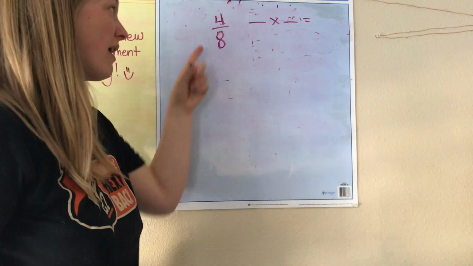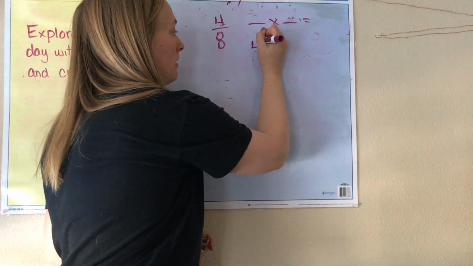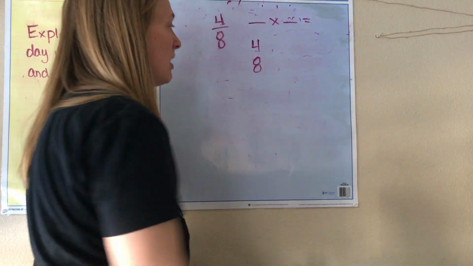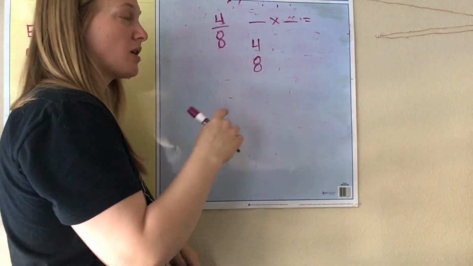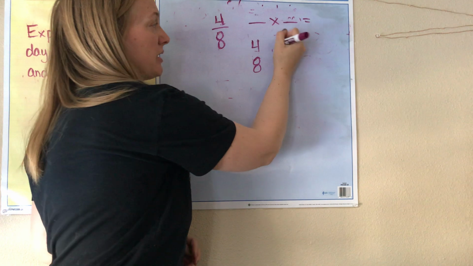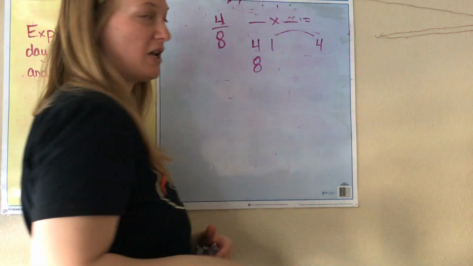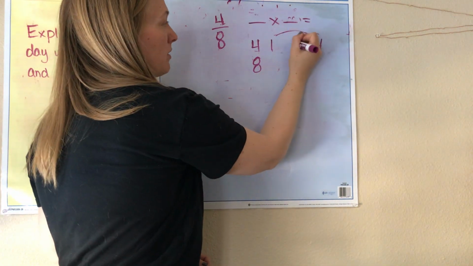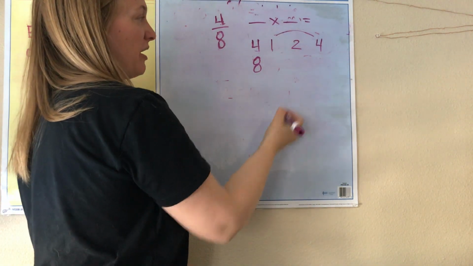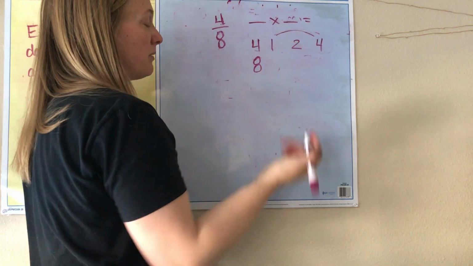Well, we're going to see if we have a greatest common factor or a GCF for 4 and 8. If I do, then I can reduce it by dividing in both my numerator and denominator. So let's go ahead and find our GCF first. Always starting with 1 and then 4. Any other factors? Well, 2 times 2, so I'm going to just write 1, 2 there. And those are my factors for 4.